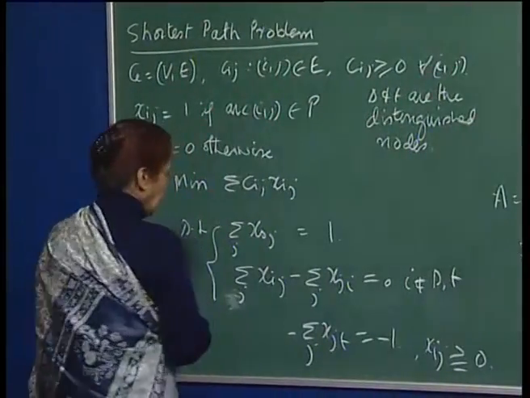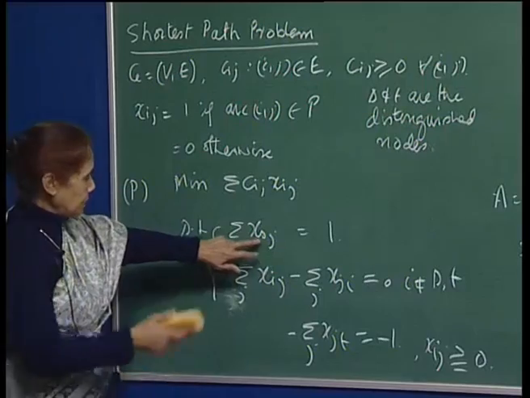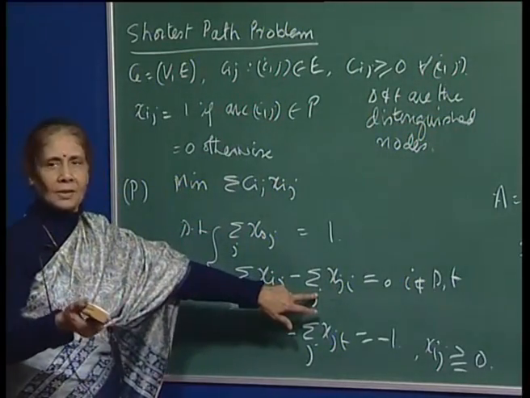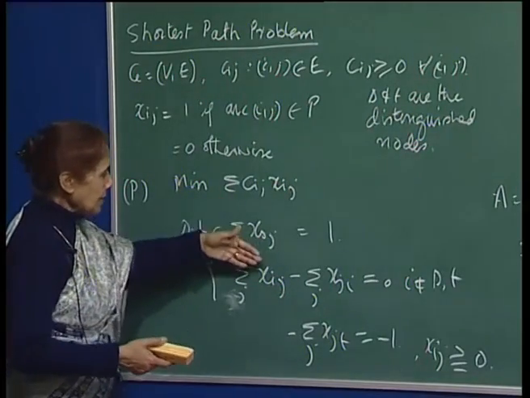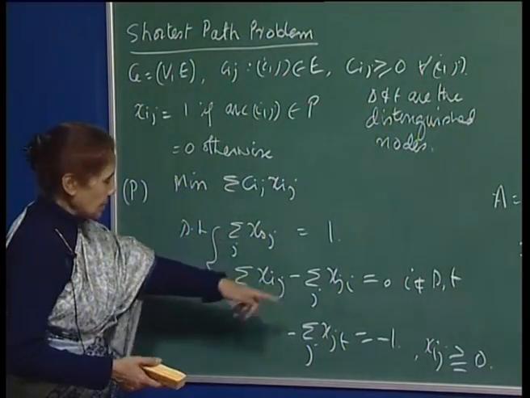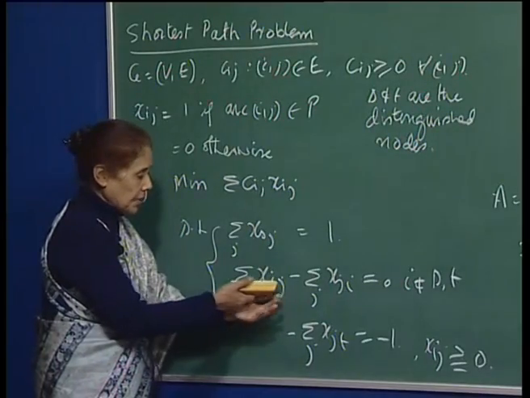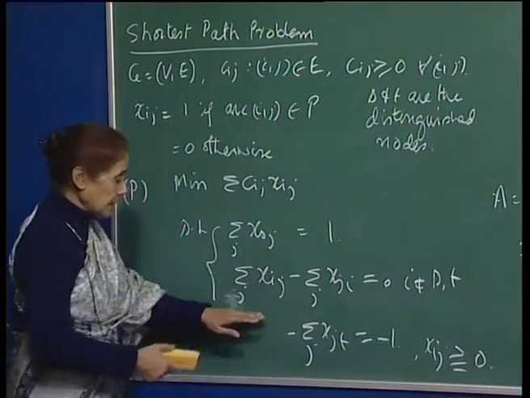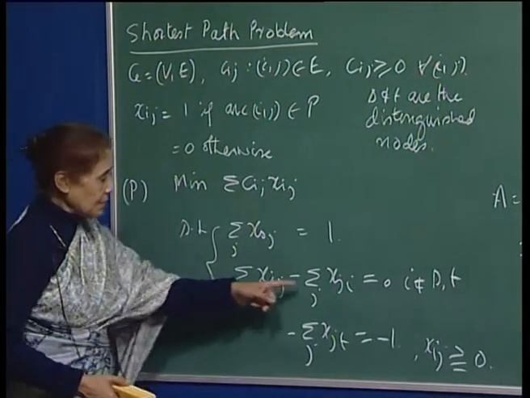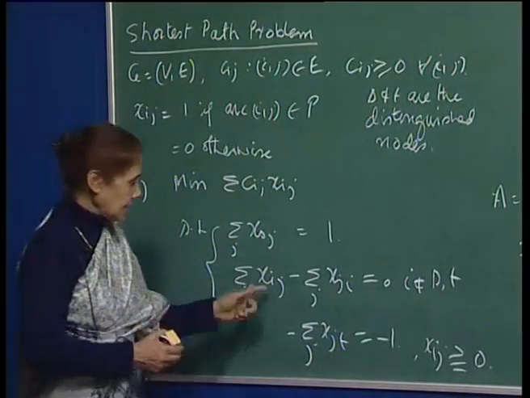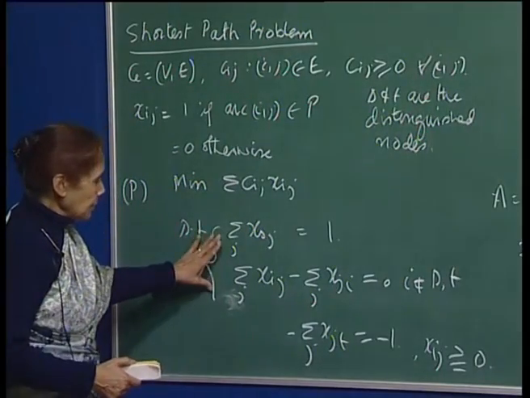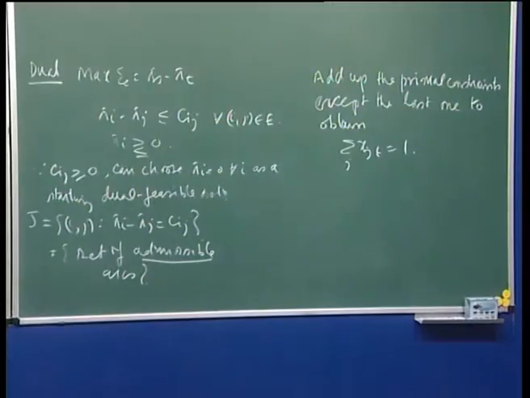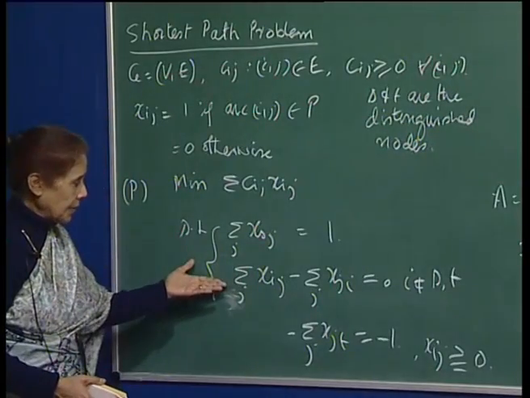See, because any arc which appears as a positive sign in one constraint will appear with a minus sign in the other, right, because it is leaving a node S here, then it is entering, and similarly for an arc ij, it is leaving node i, but it is entering node j. So, when I write the constraint for node j, it will be with a minus sign, right, the arc x_ij, and therefore, when you add up you will simply be left with the arcs x_jt, because they do not appear anywhere else, right.